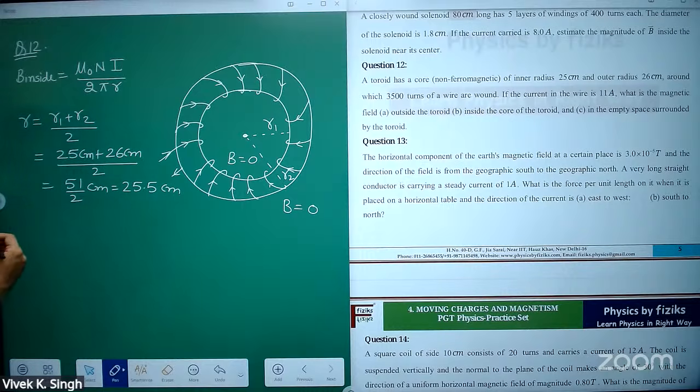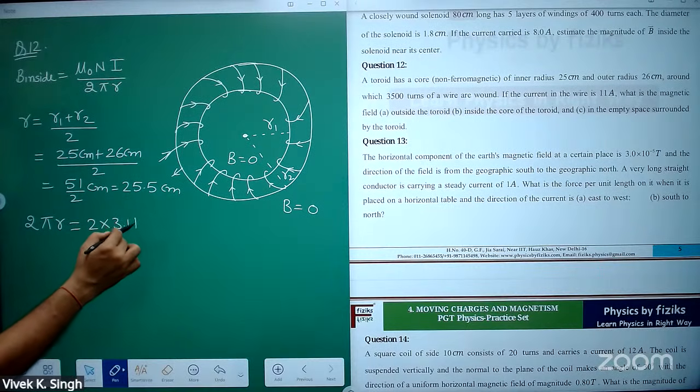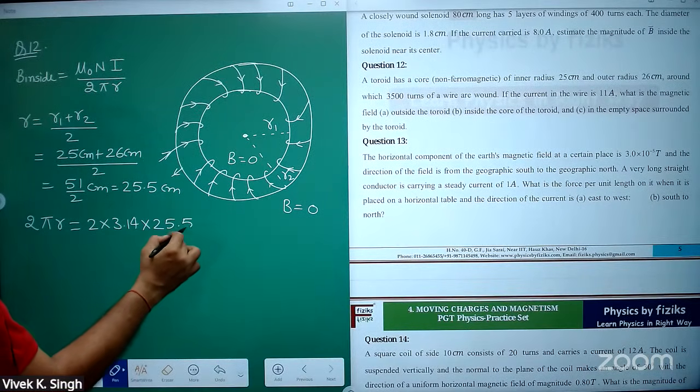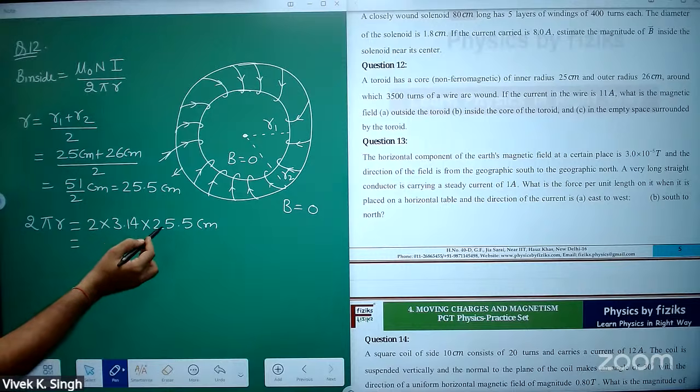So what will be 2 pi r? So this will give you 2 pi r will be 2 into 3.14 into 25.5 centimeter. So this will be 51 times 3.